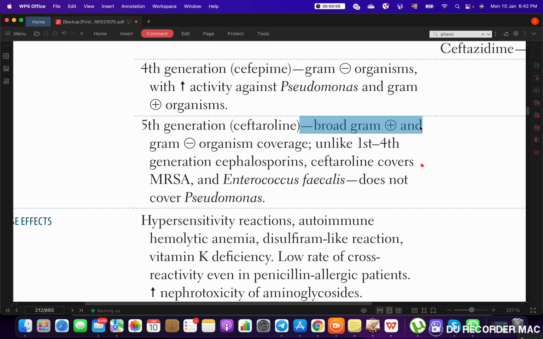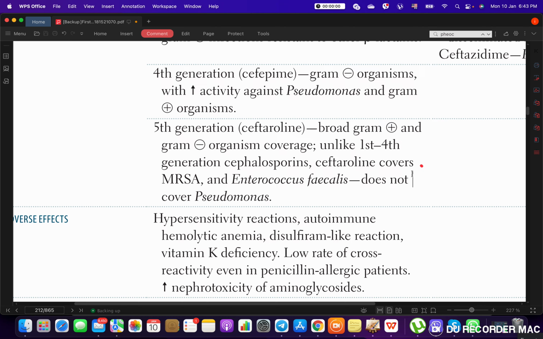It covers broad gram-positive and gram-negative organisms. Basically works against everything. Unlike 1st until 4th generation cephalosporins, it does cover MRSA and it does cover Enterococcus faecalis, but it does not cover pseudomonas. The only things that cover pseudomonas were ceftazidime and cefepime. That's it.